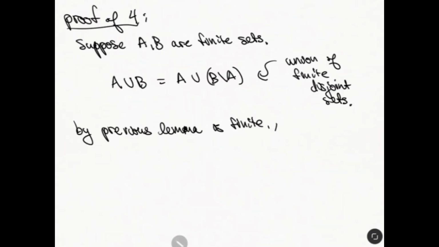Excuse me, so why do we know that this one's finite? Because this is a subset of a finite set. B is finite, and any subset of a finite set is finite. And that's what we already showed.